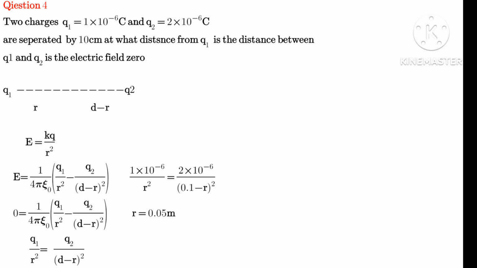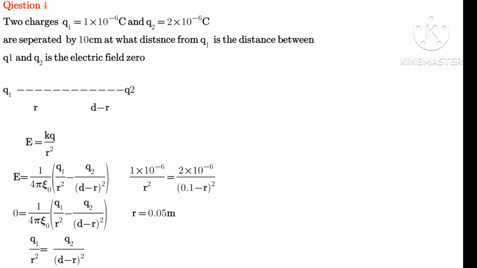The truth of the matter is that we know the total distance between the charges to be 10 centimeter, but the distance of Q2 is unknown. So what we do is subtract the distance of Q1 from the total distance to get the distance of Q2.